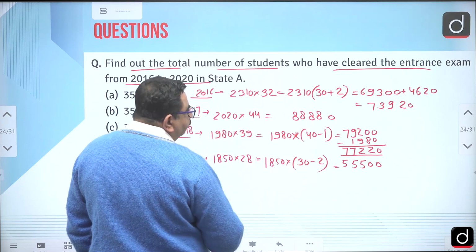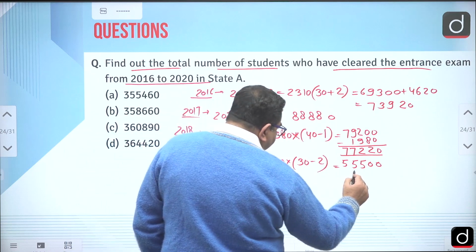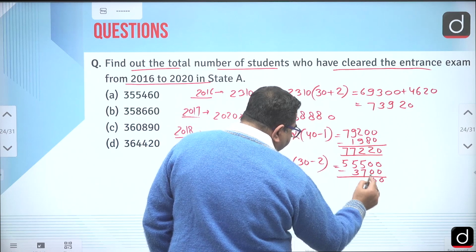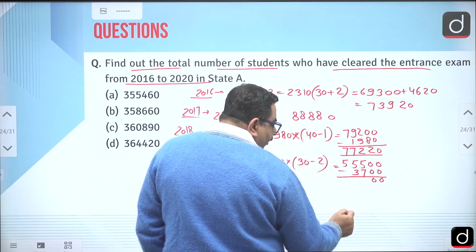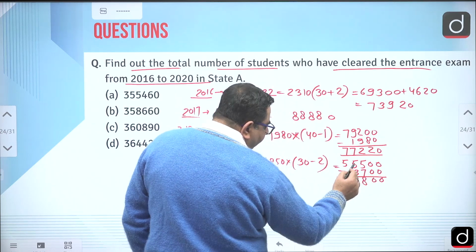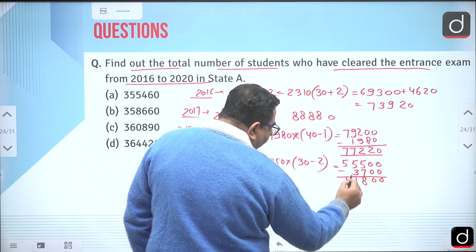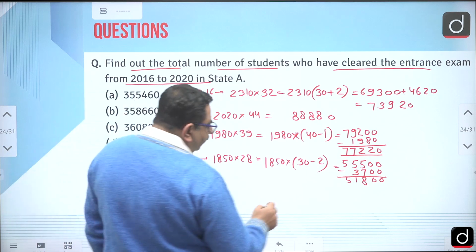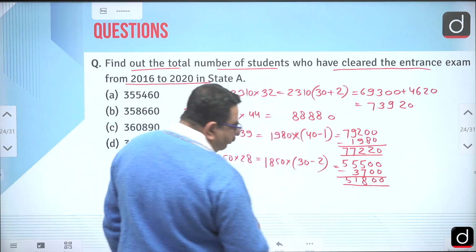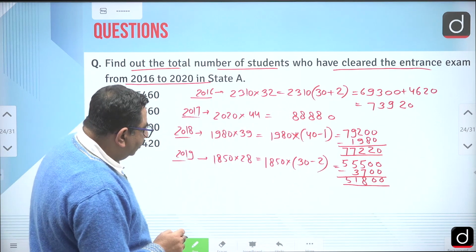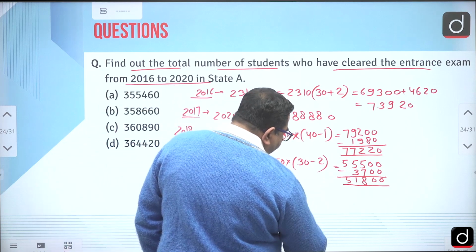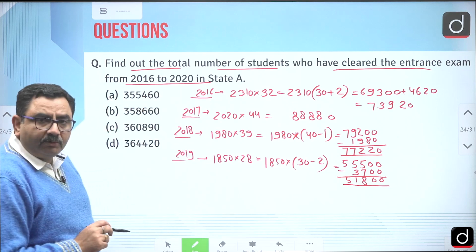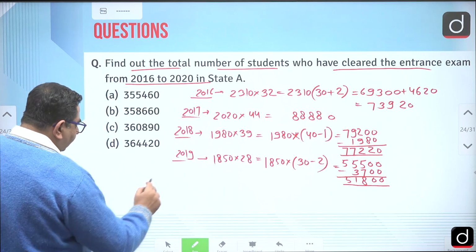Minus 2 times of 185, that is 370. So if you subtract, 00, 15 minus 7 is 8, 4 minus 3 is 1. So that is 51800. Okay, 15 minus 7 is 8, then it is 5, right? Be very careful with the calculations.